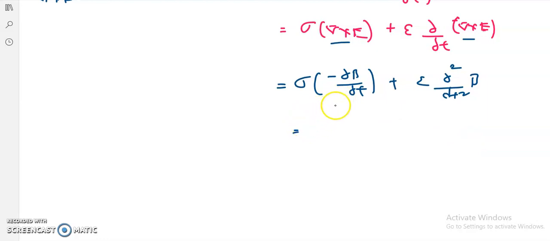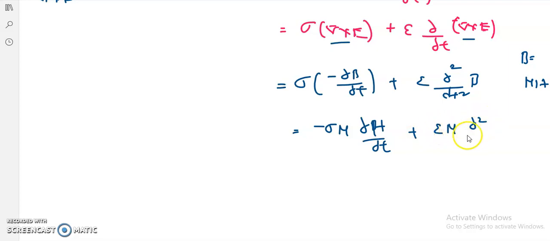And from this one, here B can be taken as mu H, right? That means the magnetic flux density B is equal to mu H. So minus sigma mu dou H by dou T plus epsilon mu dou square by dou T square of H.